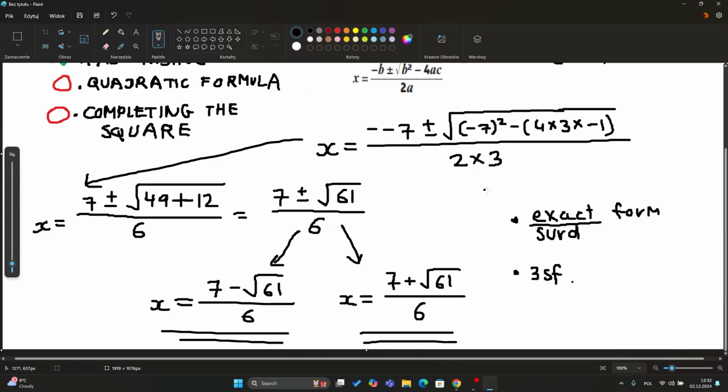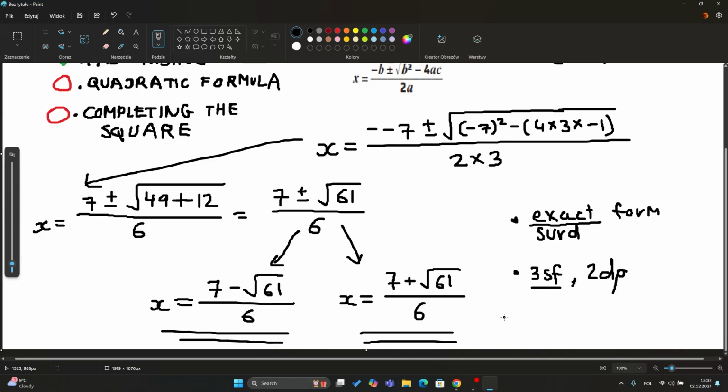The question could ask to leave your answer in surd form or an exact form. That means that we leave it as it is, and sometimes we need to give it to 3 significant figures or 2 decimal places depending on the question, but most of the time in the exam it is 3 significant figures.